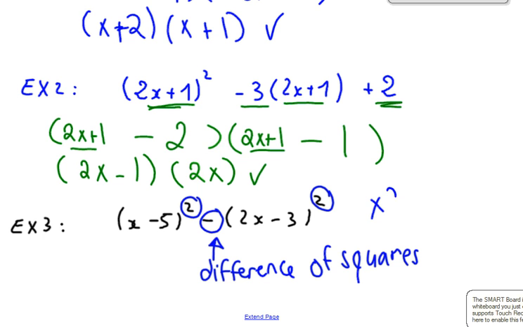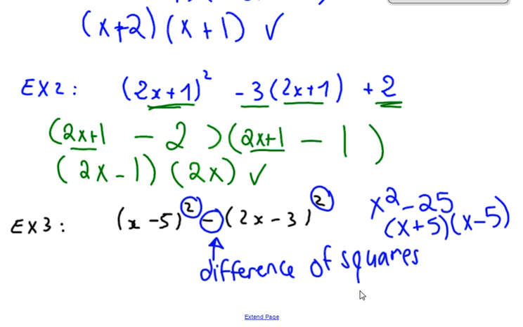Similar to x squared minus 25, for example, where we can do x plus 5 and x minus 5. We can do the square root of x squared, which is x and x, and we can add the square root of 25 and we can subtract the square root of 25. So we're going to do something very similar here.